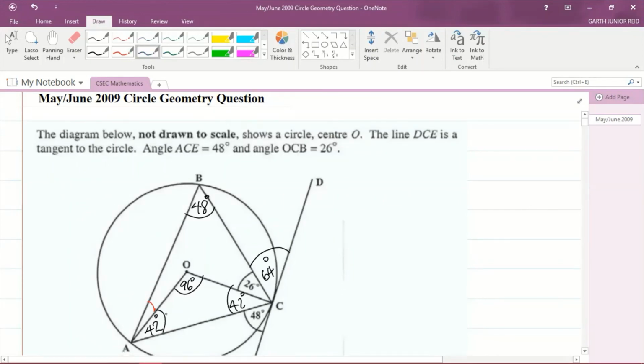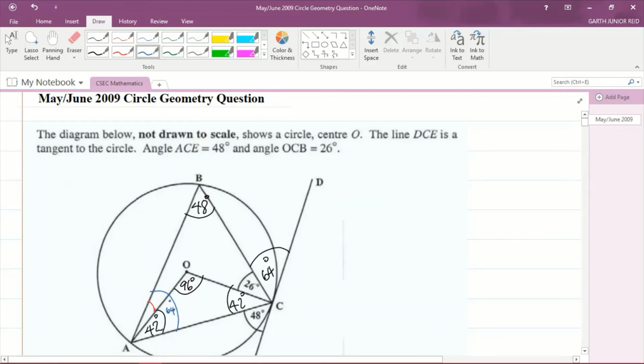Well, if you look at it carefully, we know that the angle OAC is 42 degrees, and previously we had calculated all of this angle here in blue, which is the angle BAC. We had calculated all of that to be 64 degrees.